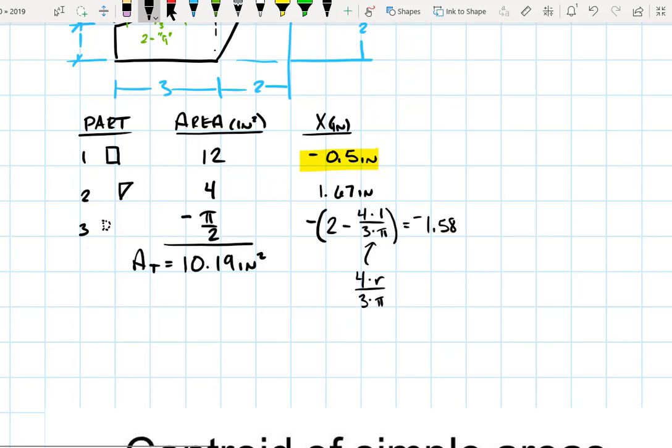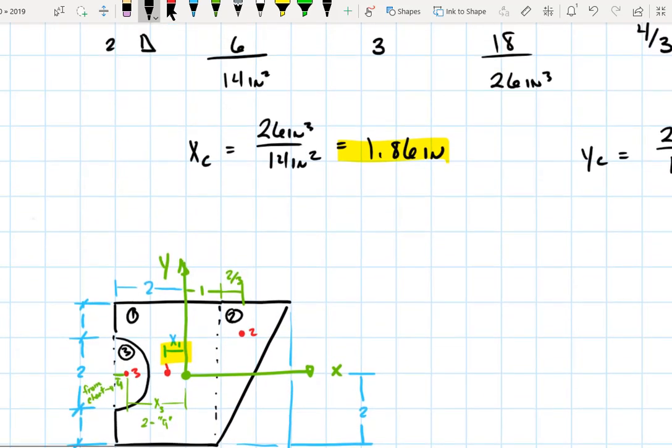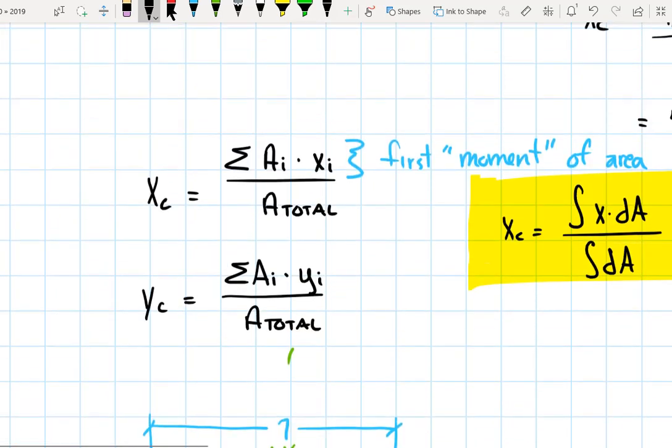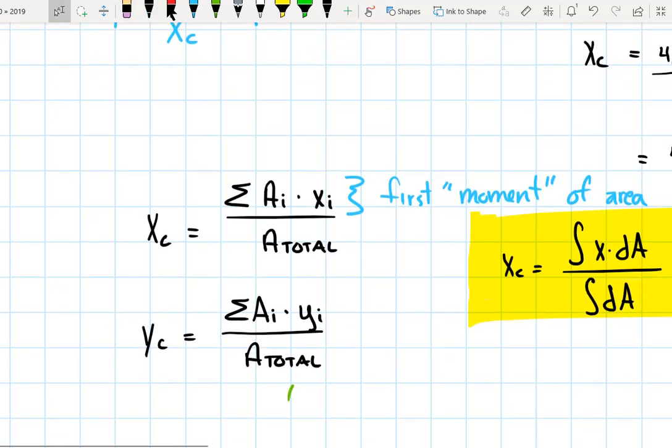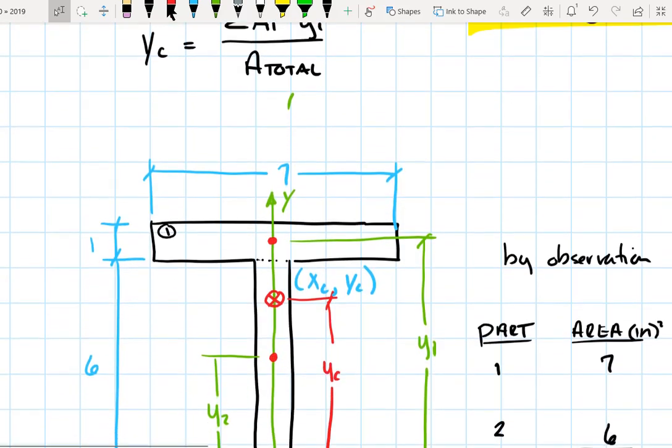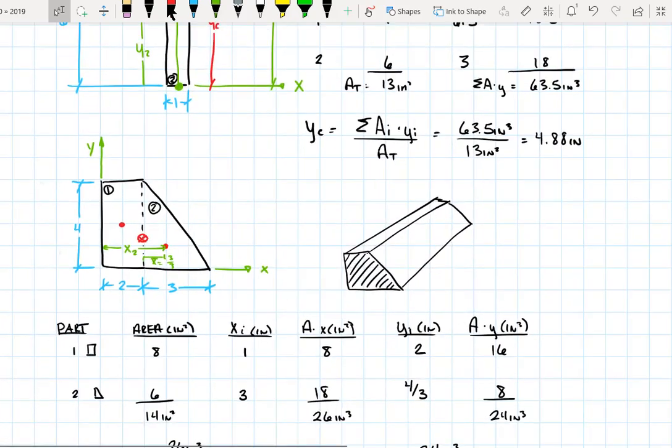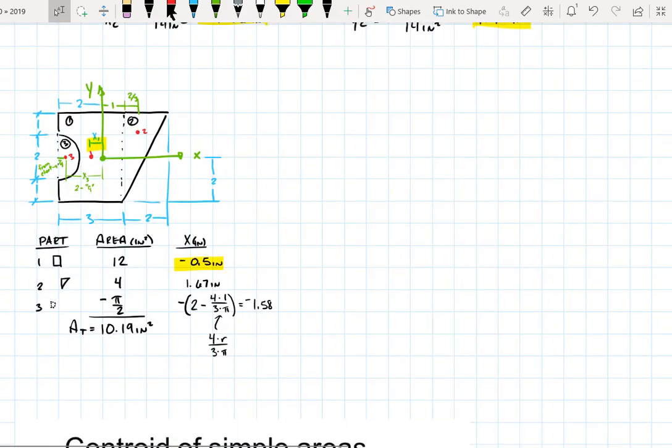That's why I like the bookkeeping method versus just throwing all these numbers into the equations, in a big long line of an equation in the numerator, and dividing by the total area. There's a lot of chances to make mistakes doing that. So this is a little less chance of making a mistake.